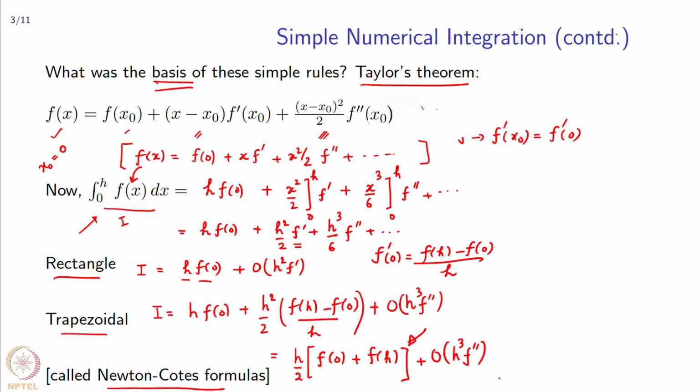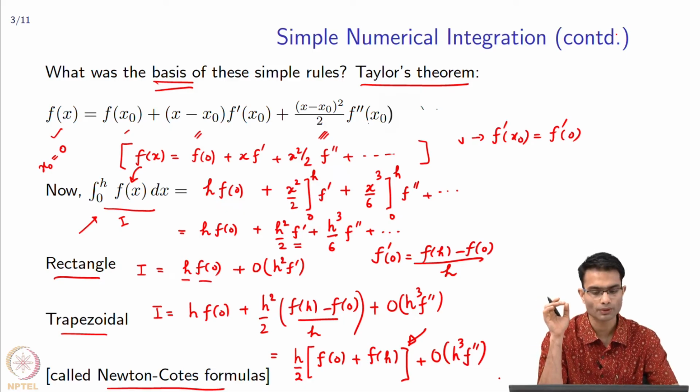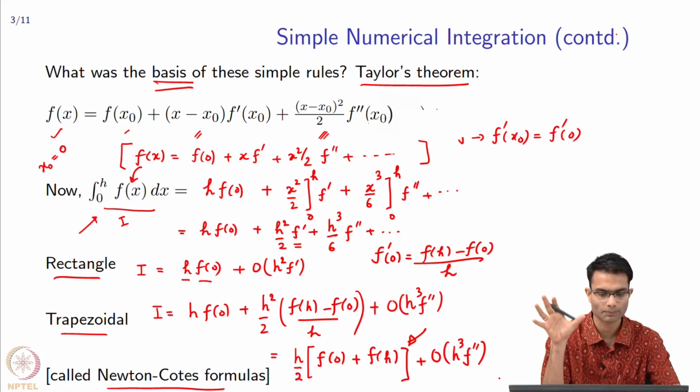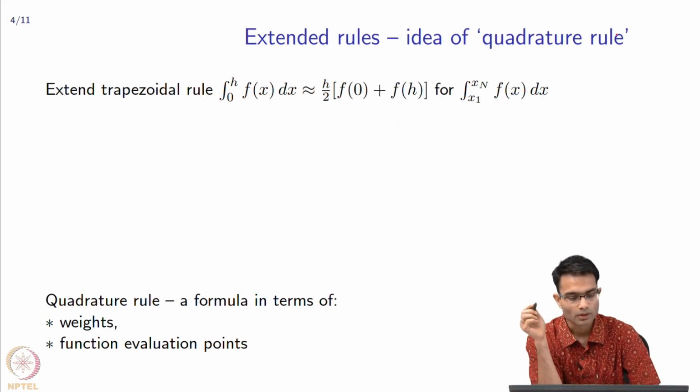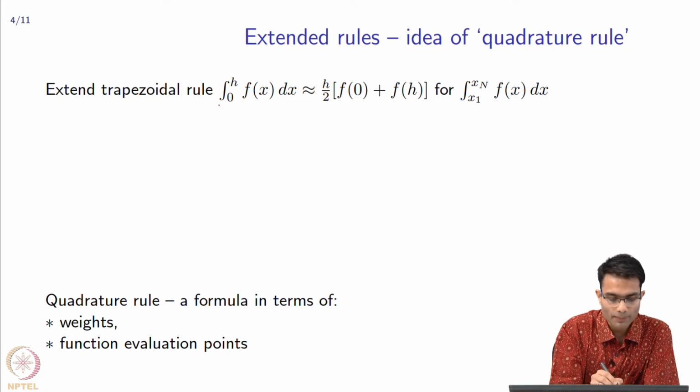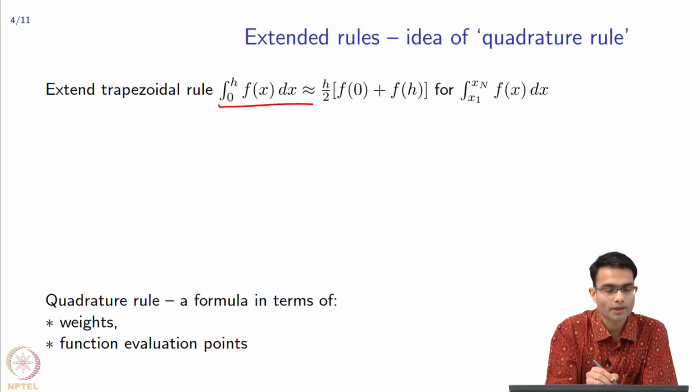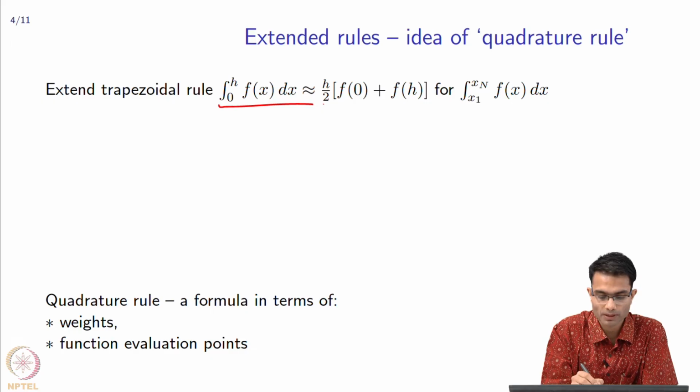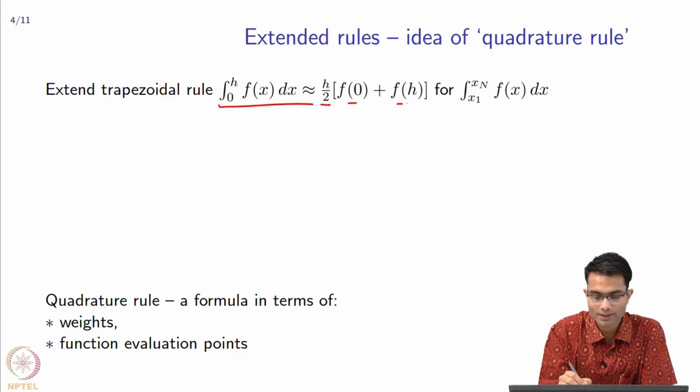Okay. So, we were looking at numerical integration, right, and we found out that the basis of the simple integration rules that we came across in high school, like the rectangle rule, trapezoidal rule, etc., was basically Taylor's theorem. We want to extend this idea and formalize it a little bit more. So, let us just do that. What we saw was the trapezoidal rule for an integral from 0 to h, everyone is familiar by now: h by 2 times the value at 0 plus the value at h, right.